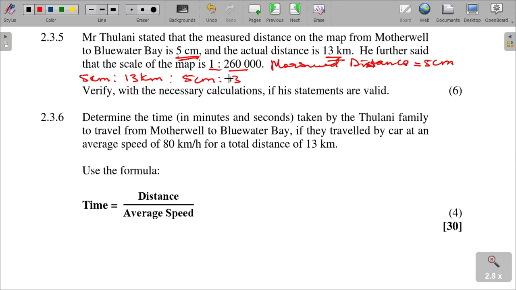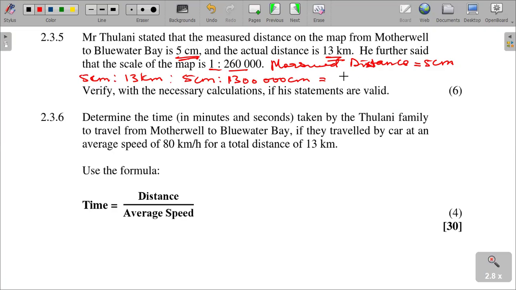When we convert it to centimeters, we get this equals to some number of centimeters. Then we want to see the scale.